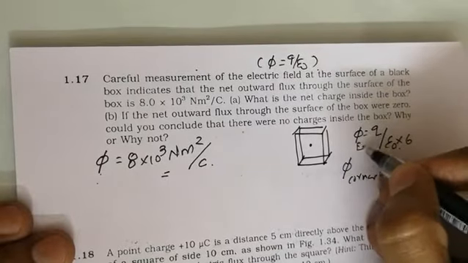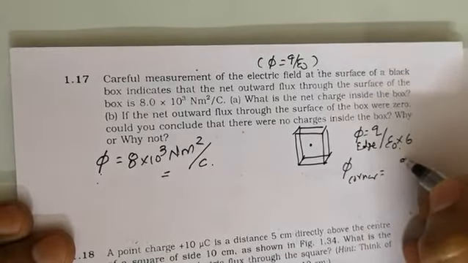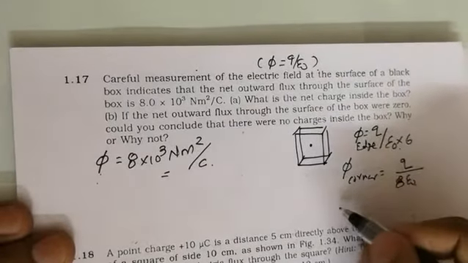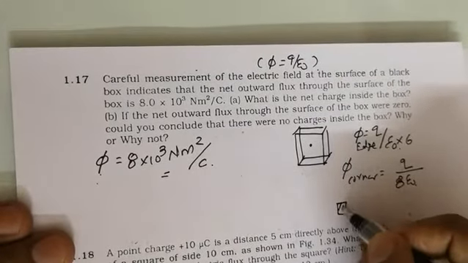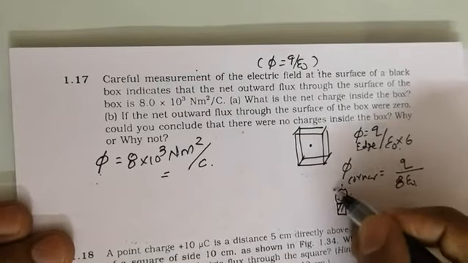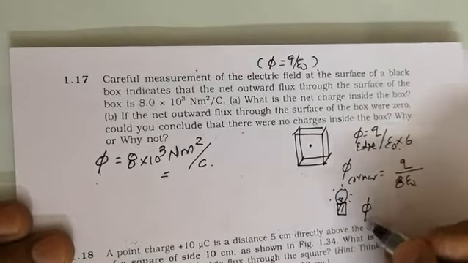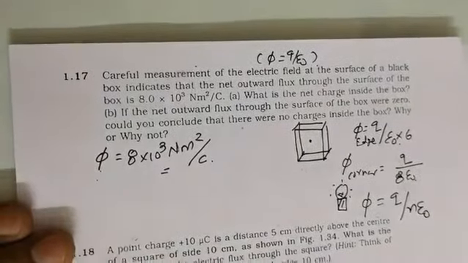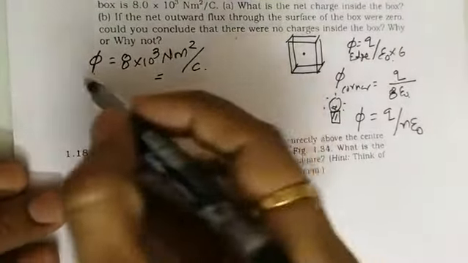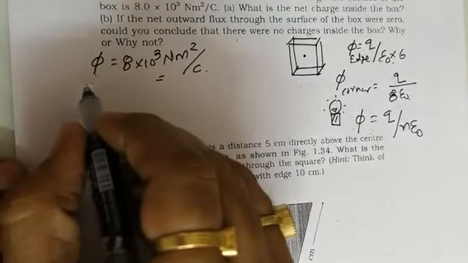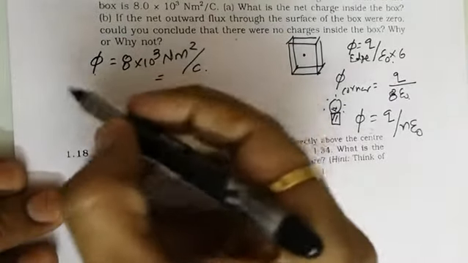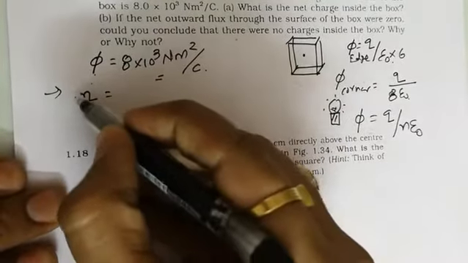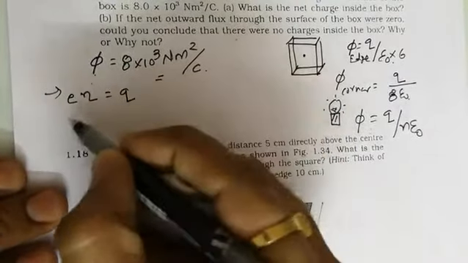So this is the formula for the edge, q by 8 epsilon 0. But our bingo is that you can remember this formula by q, n number of epsilon 0 sides. So our formula, we can find it out with the help of n into E is equal to q.